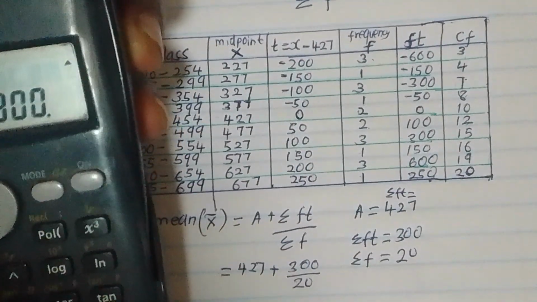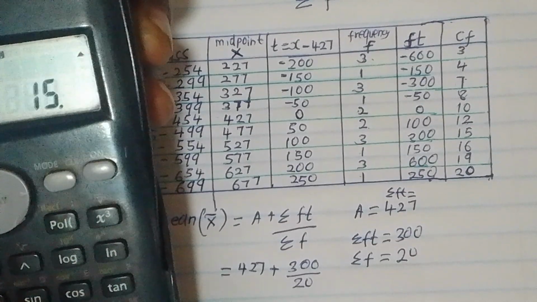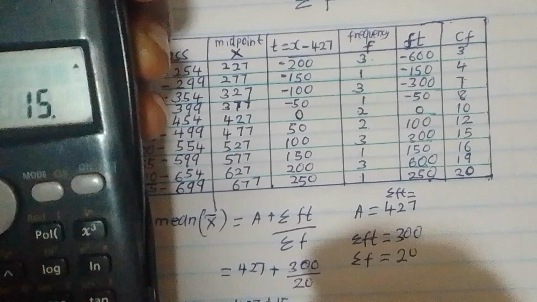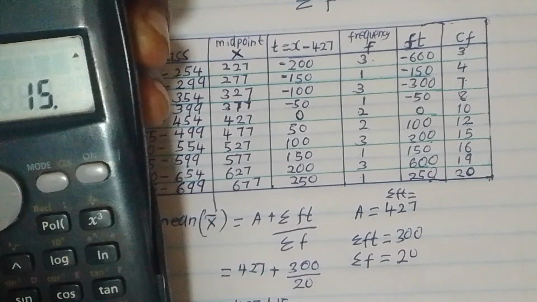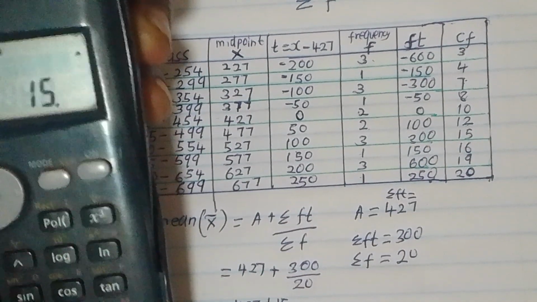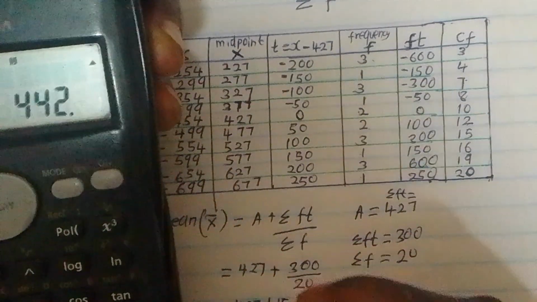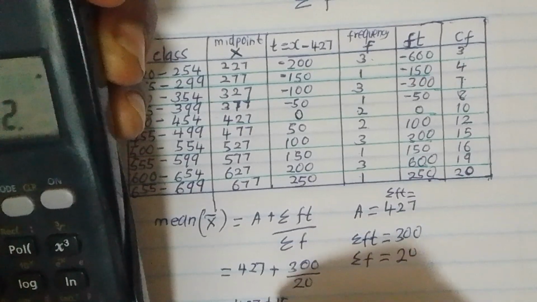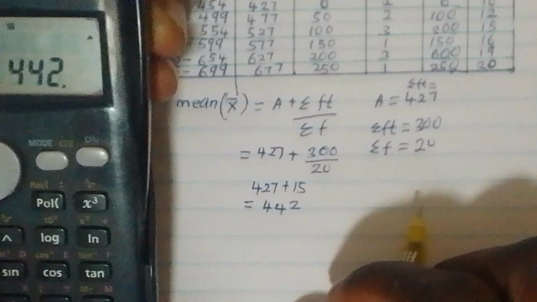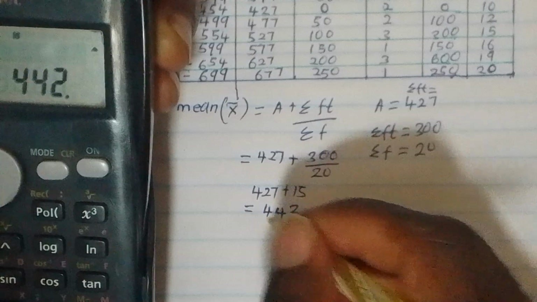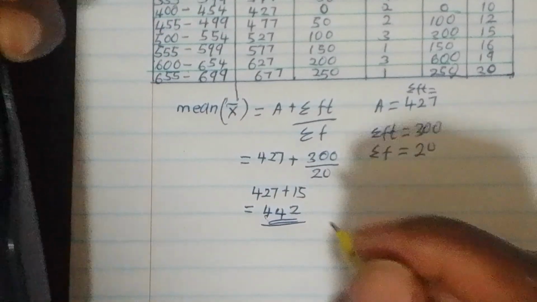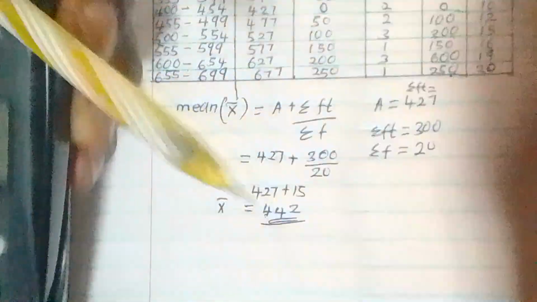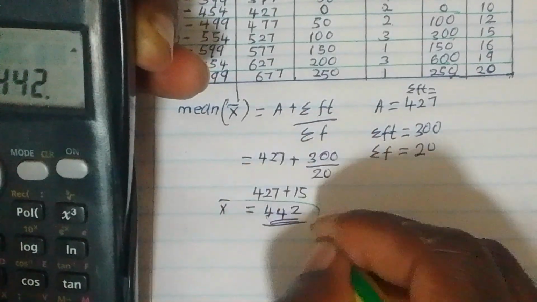When we take 300 divided by 20, we get 15. So it is 427 plus 15. So our answer will be 442. So this is the answer for the mean. This is our answer.